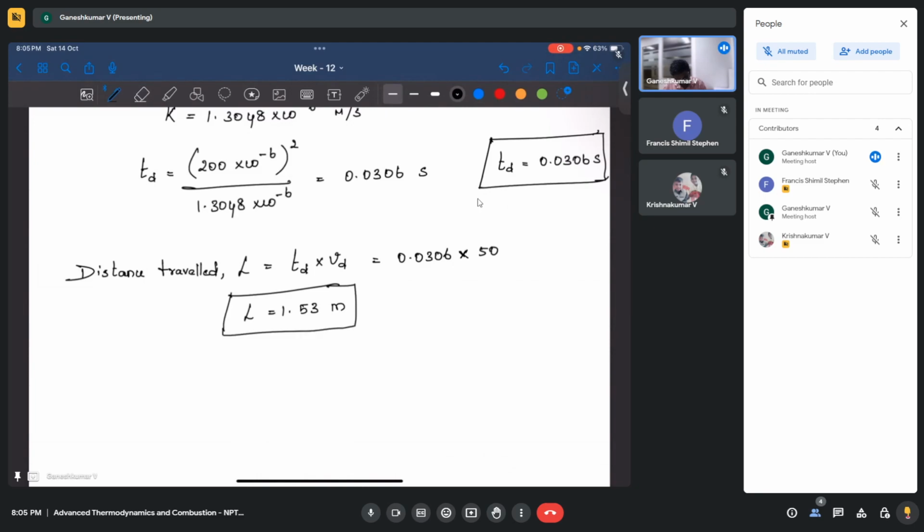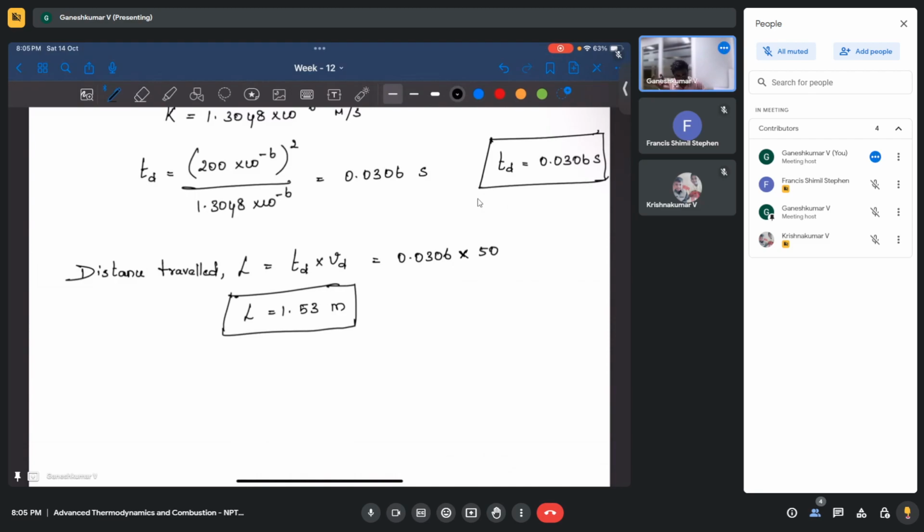Ideally speaking, your whole gas turbine engine might go maximum 5 to 6 meters, right? It might go more than that also, but the combustor will be maximum like 2 meters.